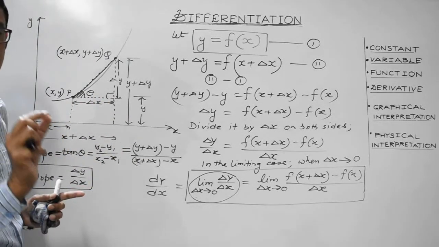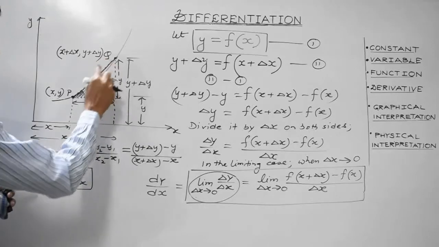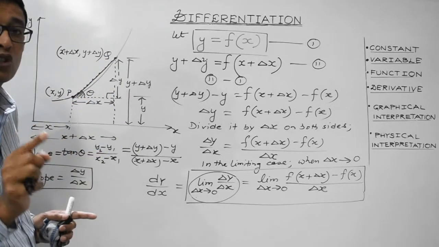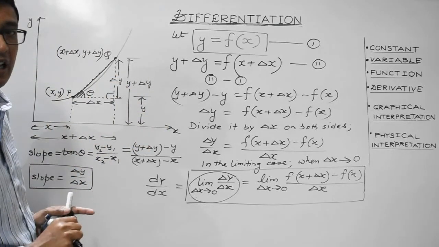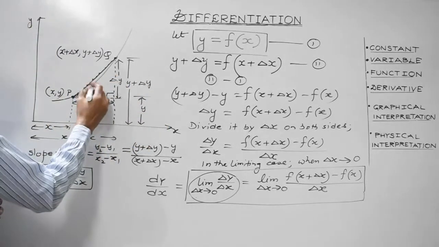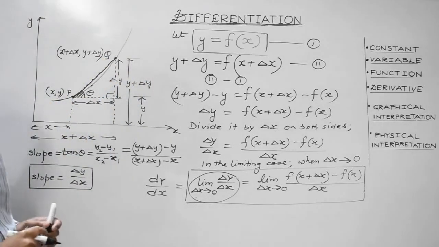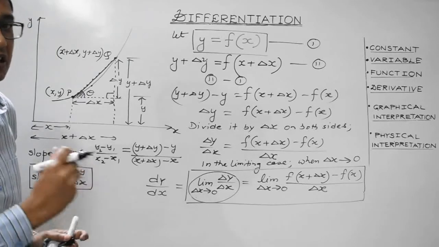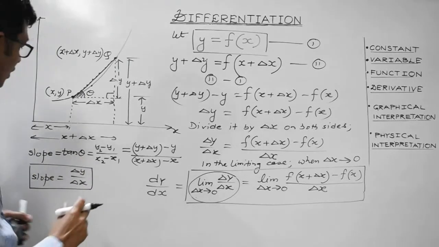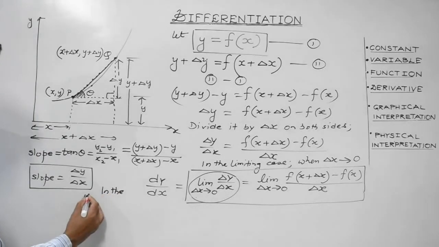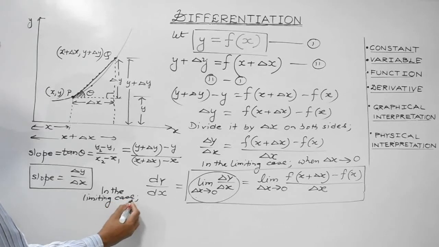In that case, at that particular point, a tangent drawn at that point will give the slope of the graph. Clear? So in the limiting case, that is when del x approaches 0.